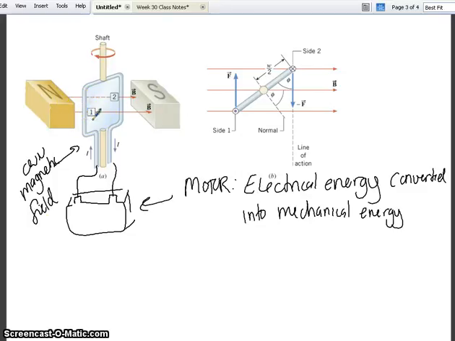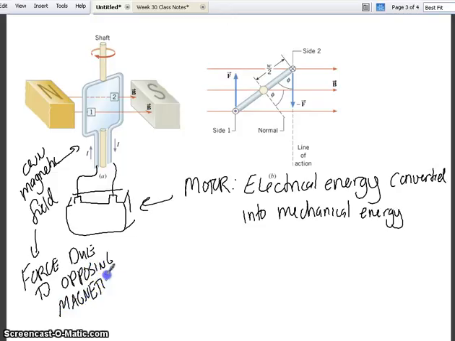So there'll be a force there, due to opposing magnetic fields, just like if you bring two magnets together, north and north, they will repel each other, and that'll cause us to rotate.